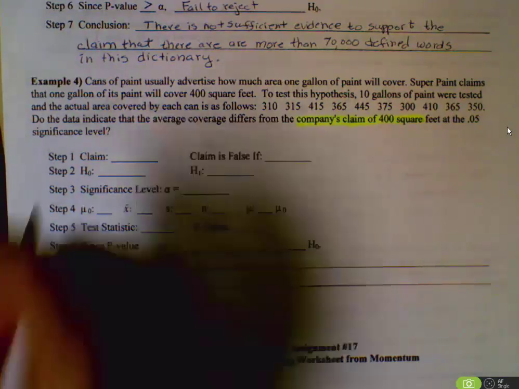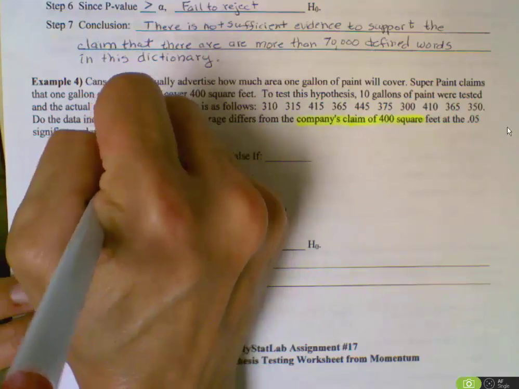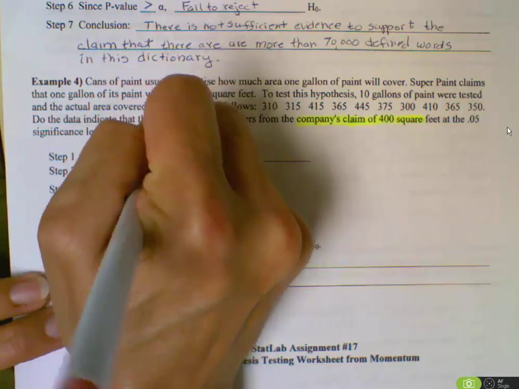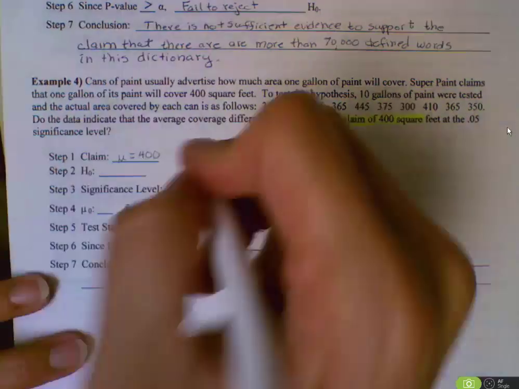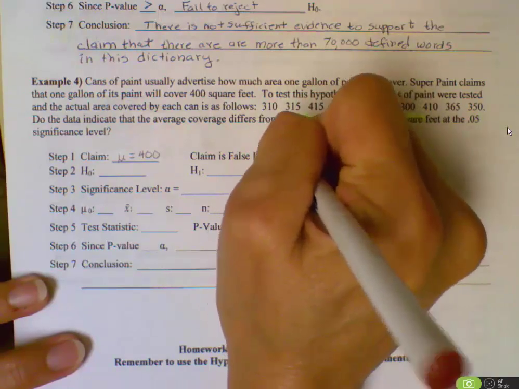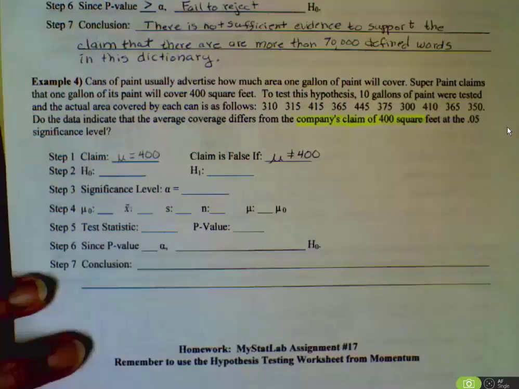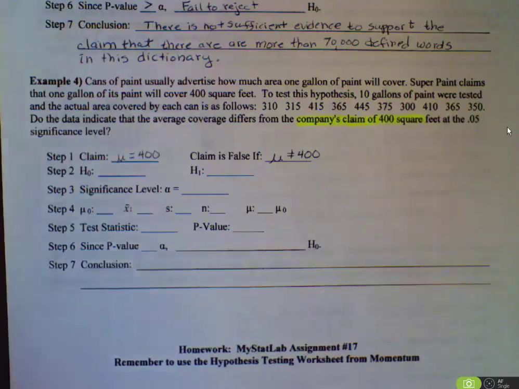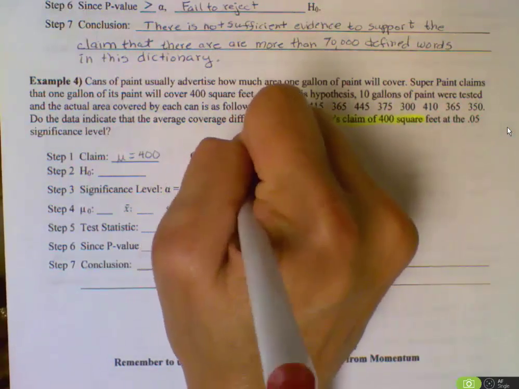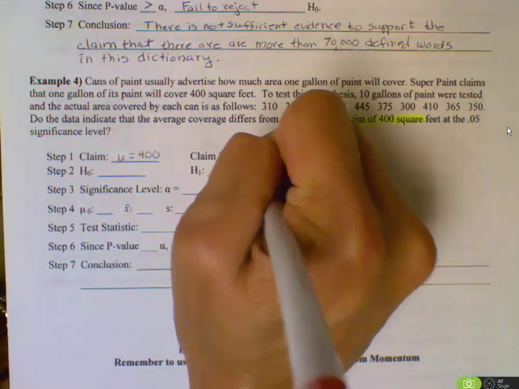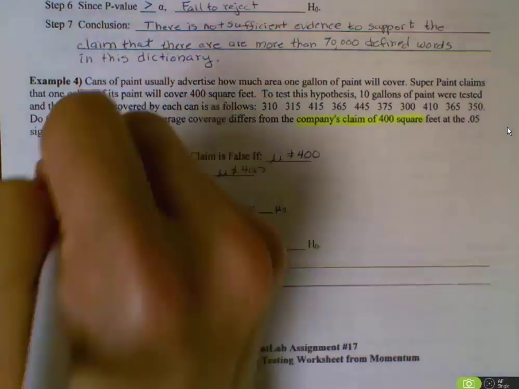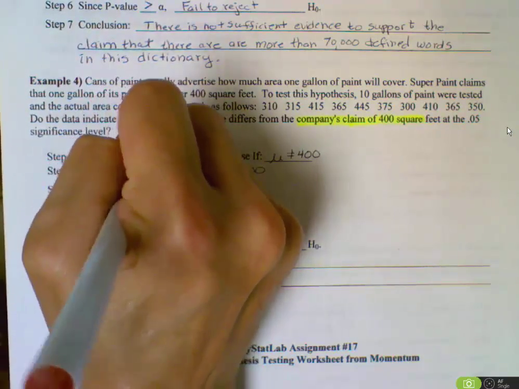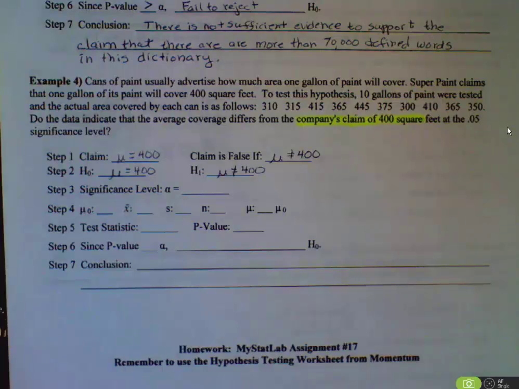So the company's claim is that the mean is 400. And that's false if the mean is not 400. So the alternate hypothesis has to be the not 400, and the null hypothesis has to have an equals in it.